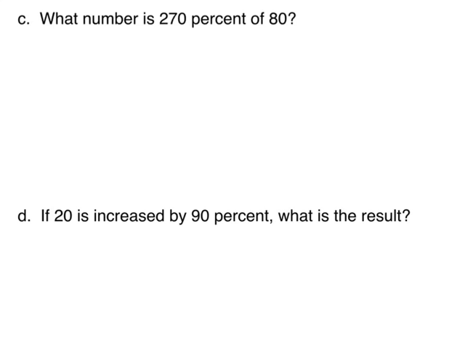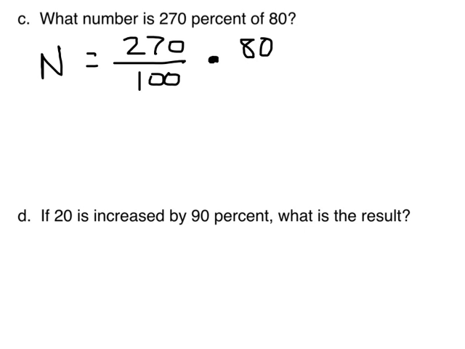All right, C is one of those percent increases. What number is 270% of 80? And here I'm just going to cross cancel by 20. 20 goes into 80 4 times, and into 100 5 times.